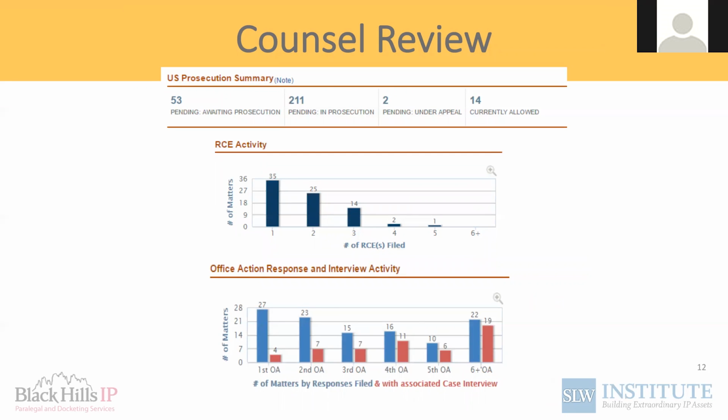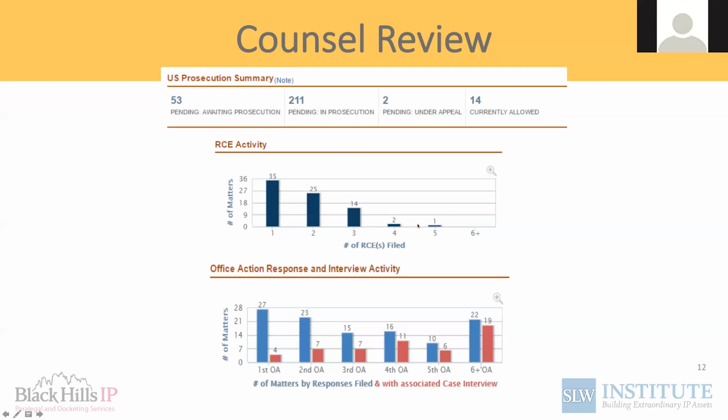So here's the first one with firm 1. And here we just took a couple of these graphs. We don't want to go into every single graph for every firm, but here's a little bit of information: there are 211 pending in prosecution matters. And as Tom mentioned earlier, actually that was probably me on the RCEs if I remember, the trend again is going downwards on RCEs.